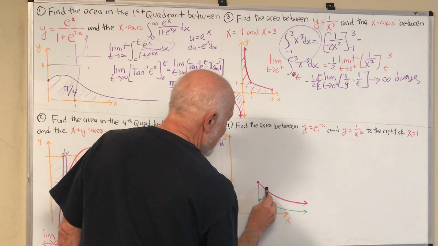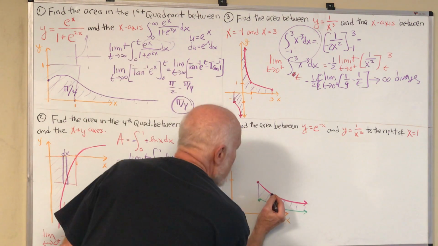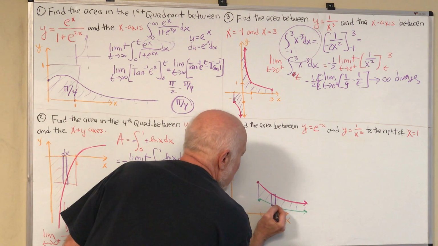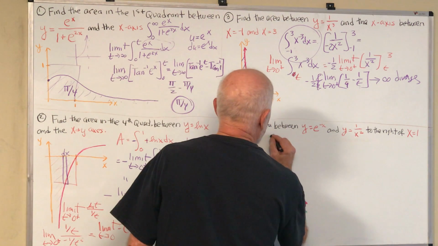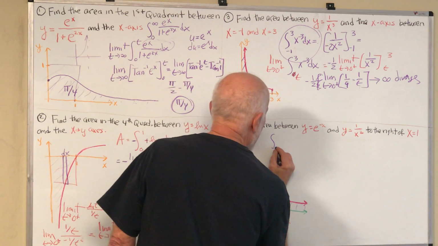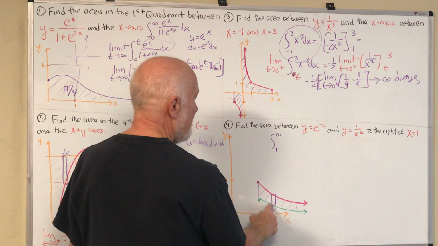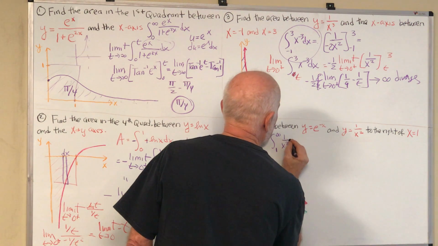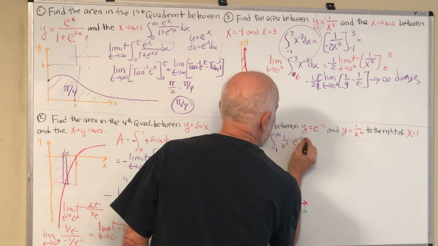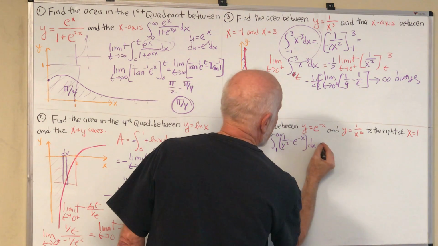So we're trying to find the area in between that. So now our rectangle goes like that. So we want to take the integral from 1 to infinity, and the height of that rectangle is going to be 1 over x squared minus e to the minus x, and the width is dx.